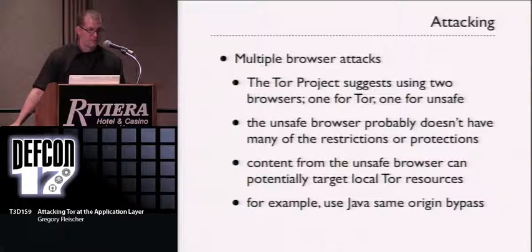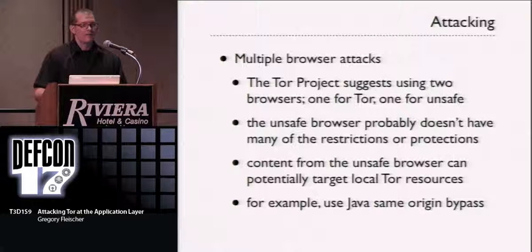So let's talk a little bit about multiple browser attacks. One of the items on the Tor project website suggests using two browsers, one for Tor and one for other unsafe browsing. It's important to remember that the unsafe browser doesn't have many of the restrictions or protections that your existing Tor button in Firefox is going to provide you.